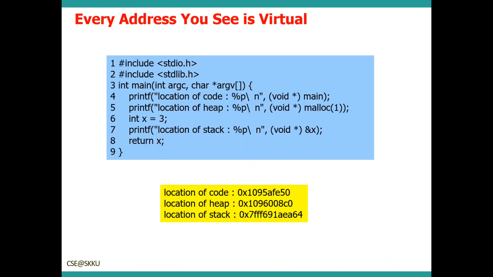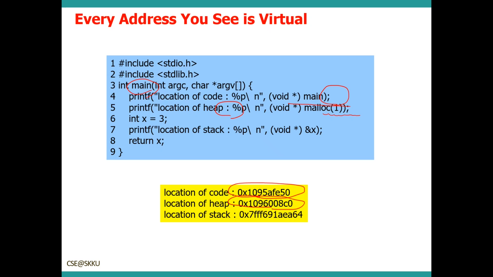So this code can show the allocated memory space of an application. In this main function, if you check the address of the program code, then you can find the location of the program code. When you allocate memory space from the heap area, then you can check the heap address.